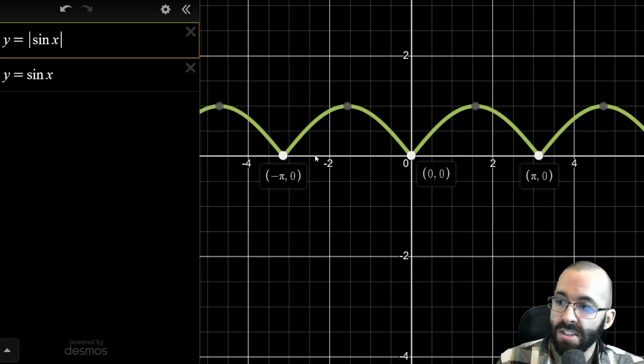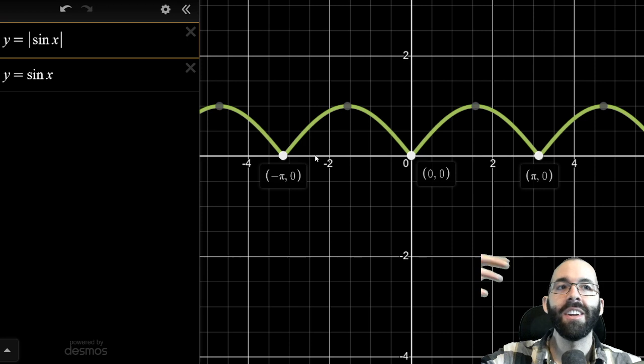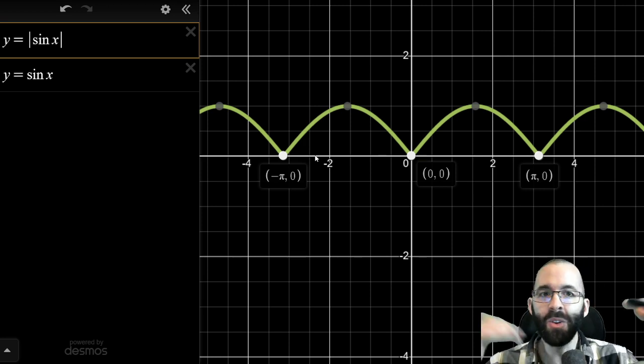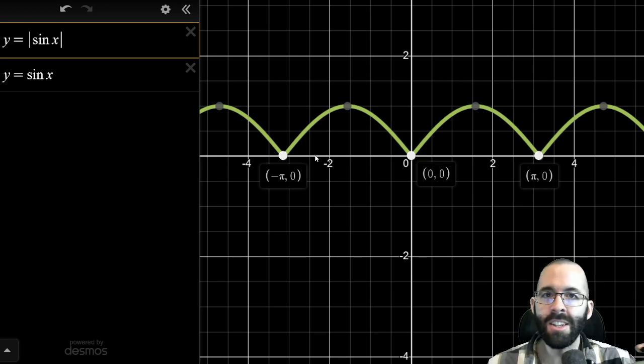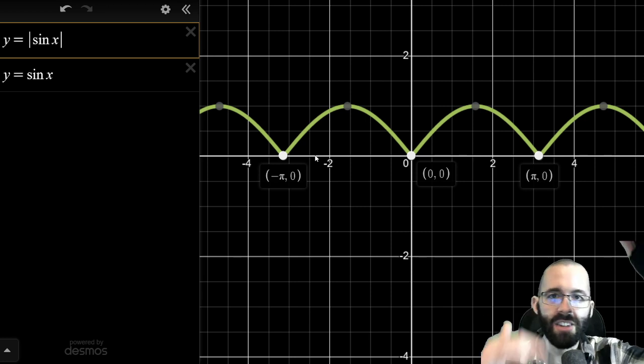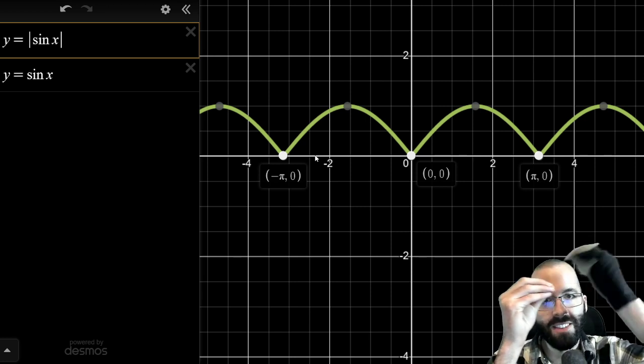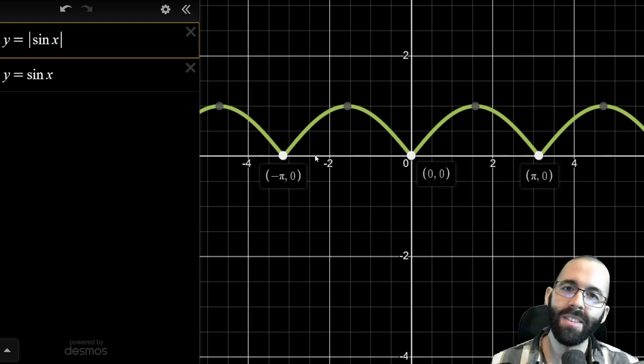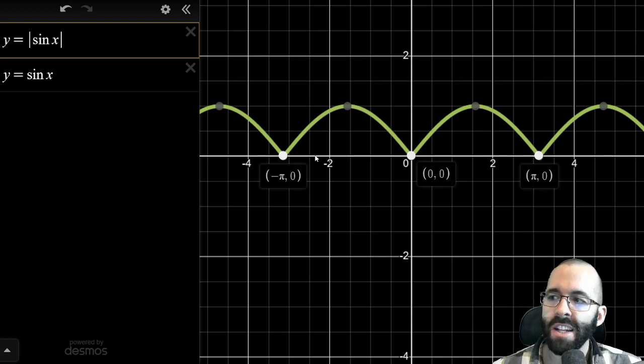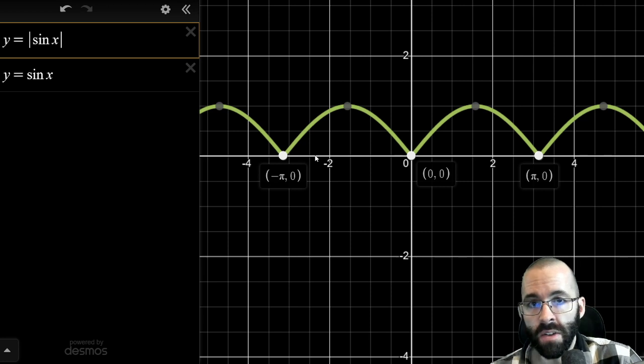Because if these are continuous functions, and all of these are continuous functions, remember the intermediate value theorem says that the only way a continuous function can go from positive to negative or vice versa is when it's 0. So that's why we're finding when the function is 0.